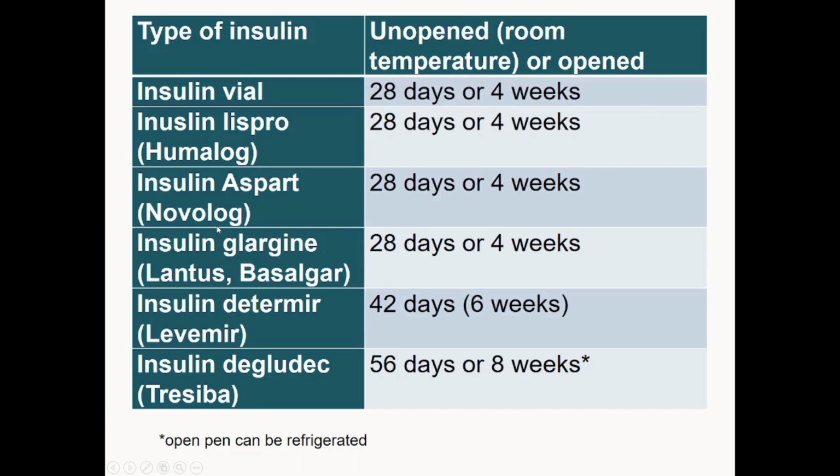Aspart, which is Novolog, 28 days. Glargine, Lantus, 28 days. Only two of them are higher: Levemir can stay up to 42 days, which is 6 weeks, whereas Degludec can be up to 8 weeks at room temperature. And all insulin pens are stored at room temperature. However, the insulin Degludec pen can be refrigerated.